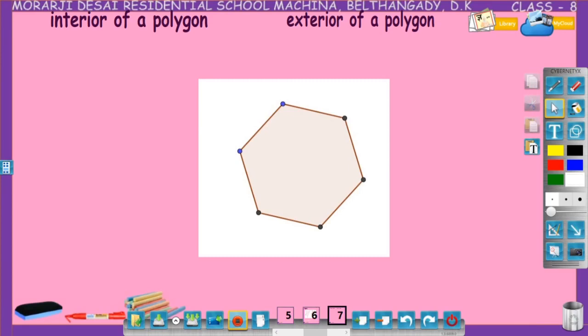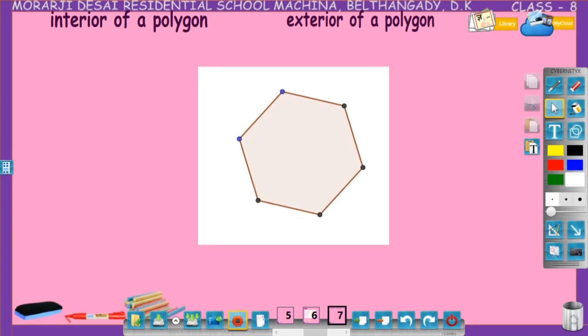Now, the region inside the polygon is called interior of the polygon, and the region outside the polygon is called exterior of a polygon. Interior of a polygon has a boundary, but exterior of a polygon has no boundary.